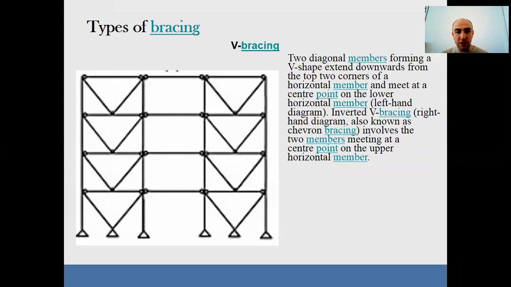It's similar to V bracing, but the bracing members do not meet at the central point. This means there is a space between them at the top connection, like you see in the picture.